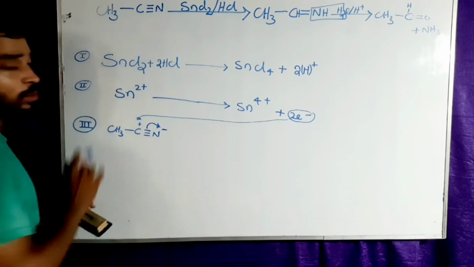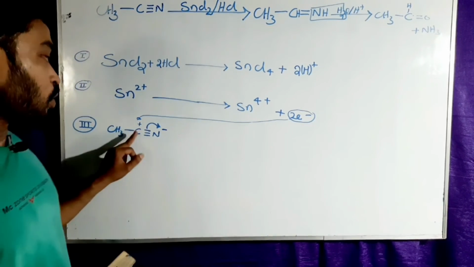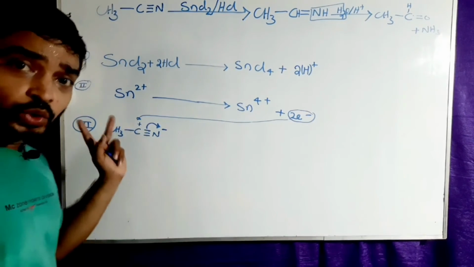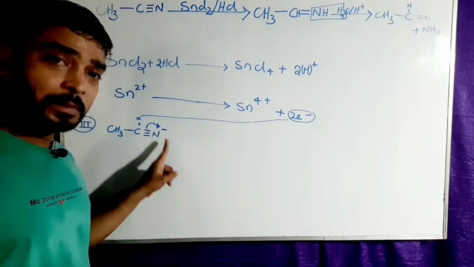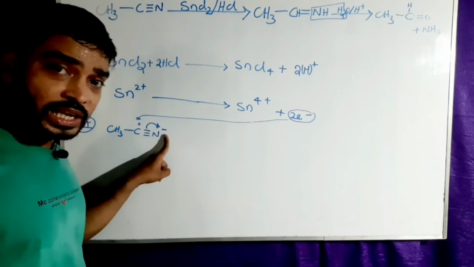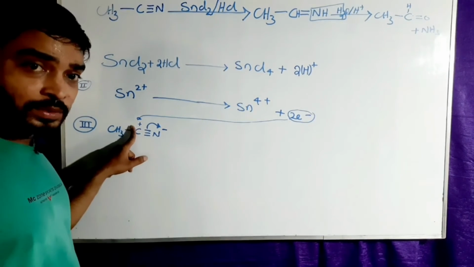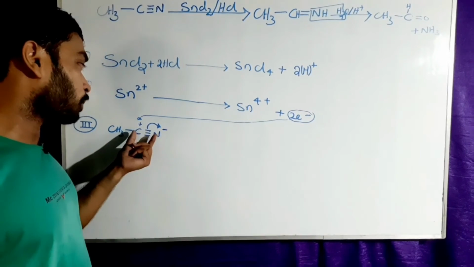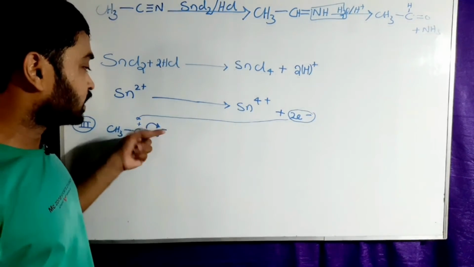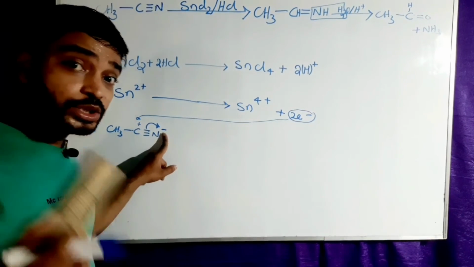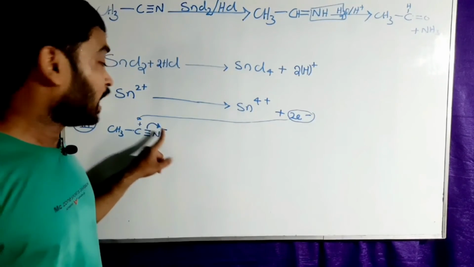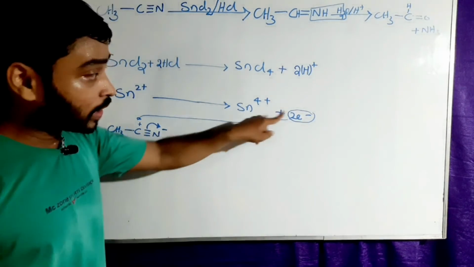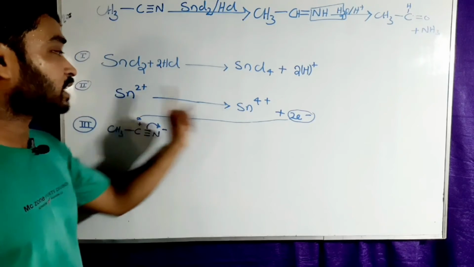Due to the positive charge over the carbon, the electrons will come to the carbon atom, and at a time negative charge will develop both over nitrogen as well as the carbon atom, that means the imine part or imine derivative part will possess both negative charges. Negative charge over nitrogen is due to its high electronegativity, and negative charge over carbon will be due to the electron released by the second step.